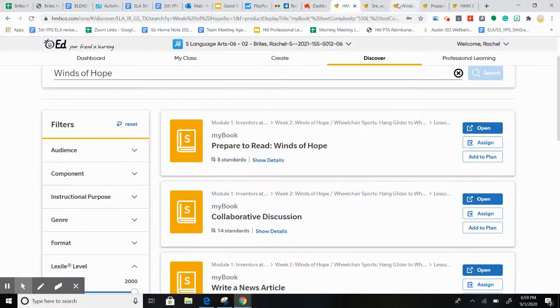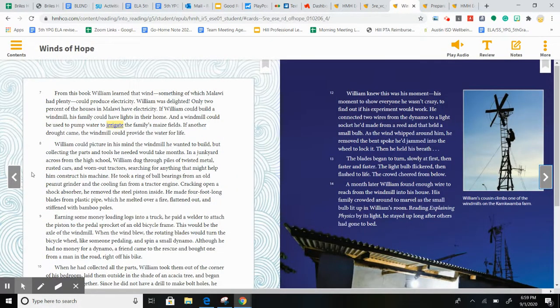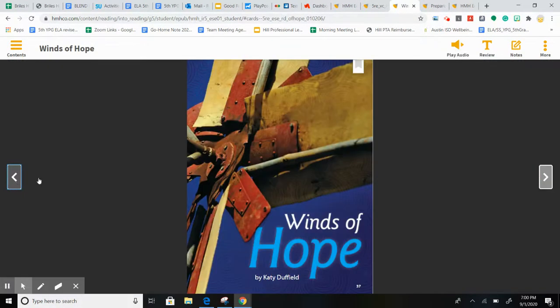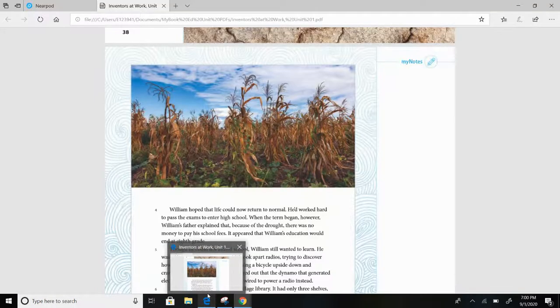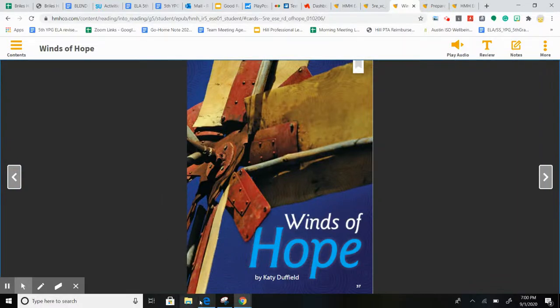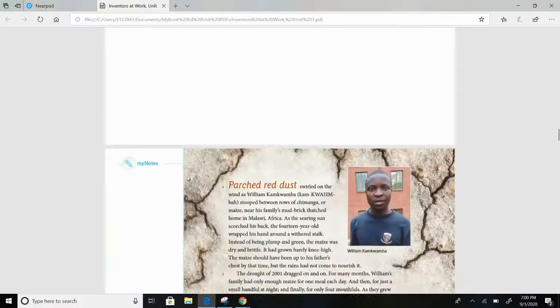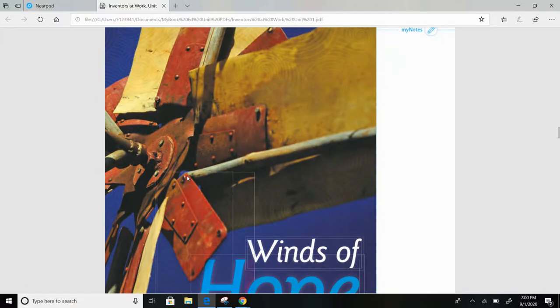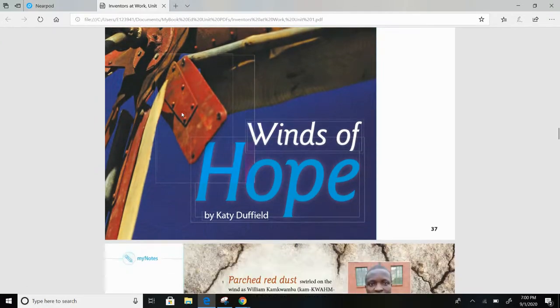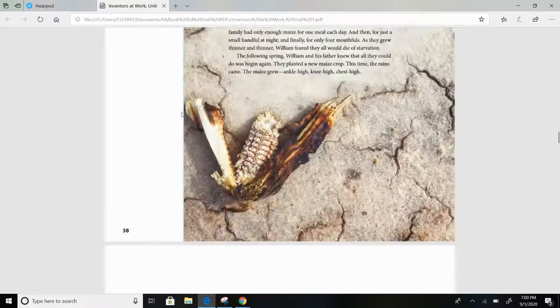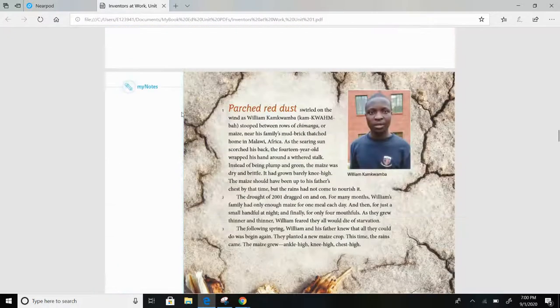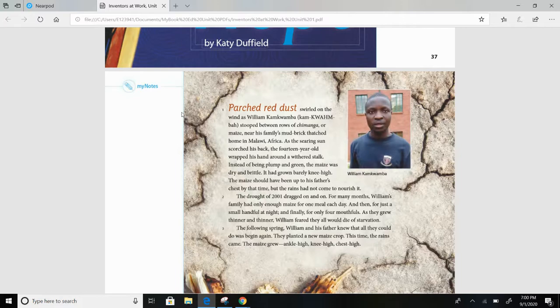And when you remember, you can start on this page right here, or if Ed is being finicky, you can just open up the PDF of Inventors at Work, Unit 1, and you can just go to page 37 and 38 and go ahead and begin reading this text.